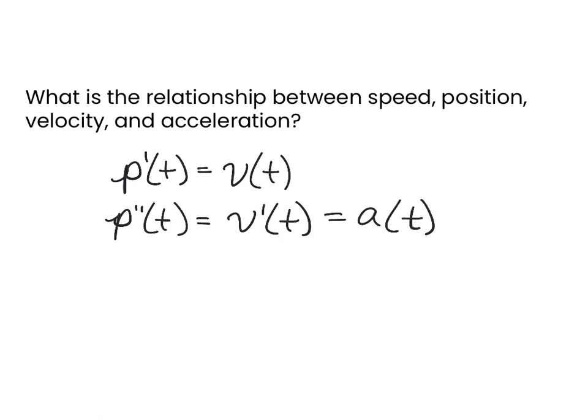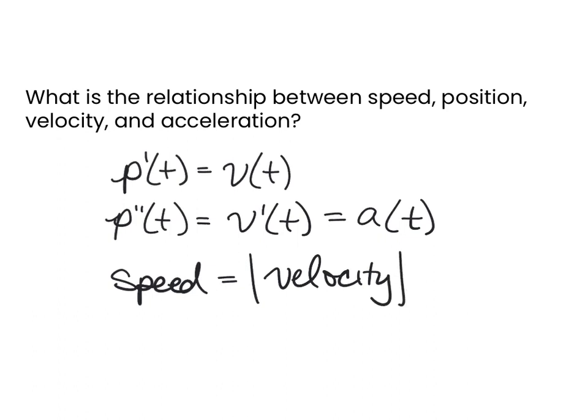And then last but not least, to toss speed in there, speed is just the absolute value of velocity, because velocity is a speed and direction, which means if you get rid of the direction by absolute valuing your velocity, then you get just your speed.